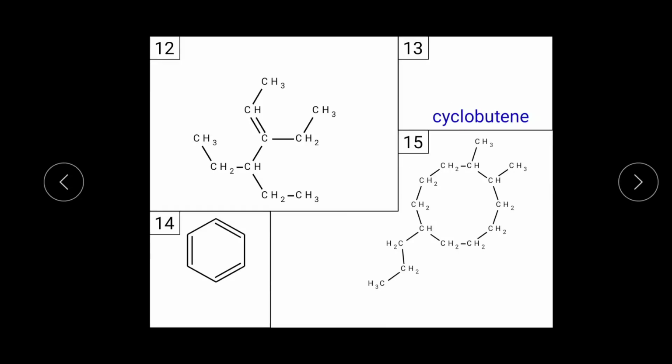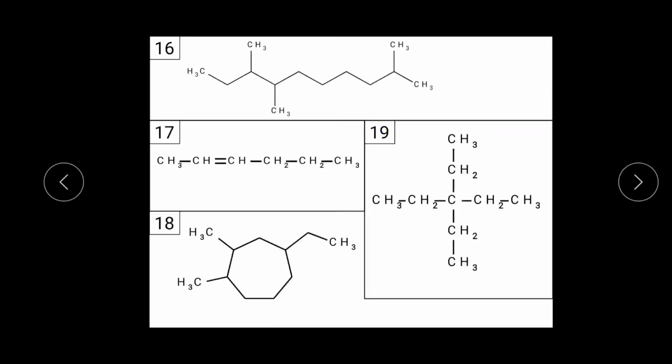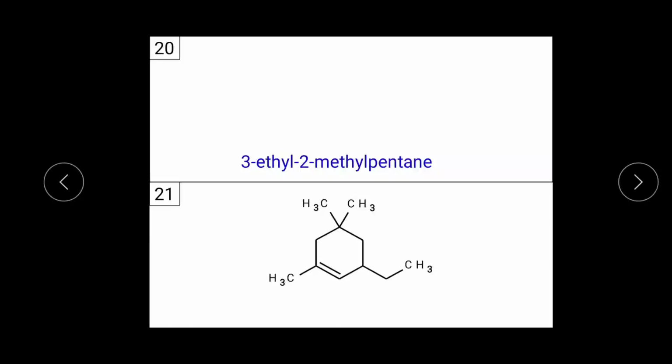For number 13, I want you to draw the structure of cyclobutene. For 16 to 19, you are going to name these following structures. For number 20, I want you to draw the structure of 3-ethyl 2-methylpentane. For number 21, I want you to give a name to this structure.